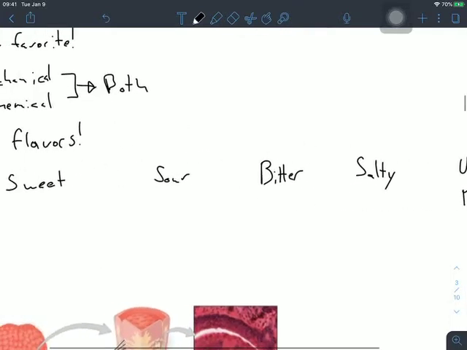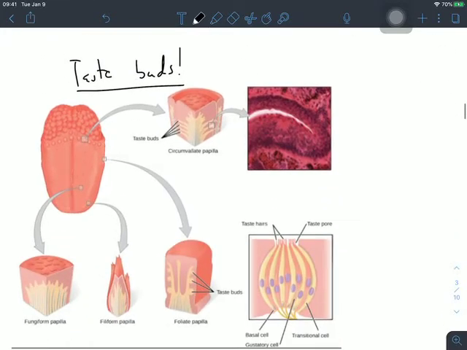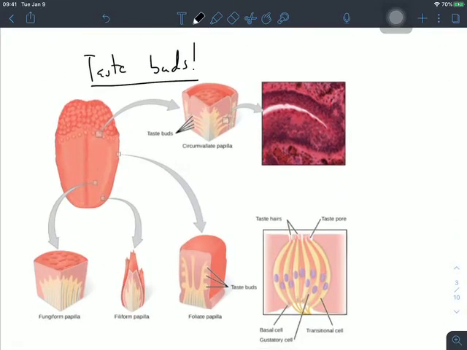Now, each of these different flavors are detected on our taste buds, which have these different forms of papillae or hairs, the fungiform, the filiform, the foliate, or the circumvallate papillae.